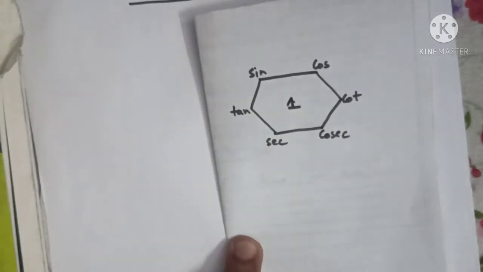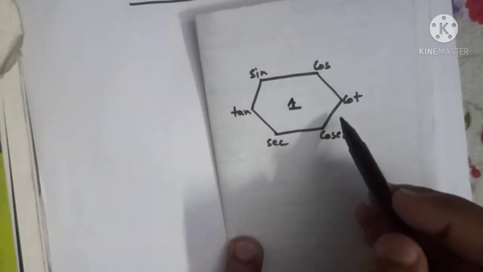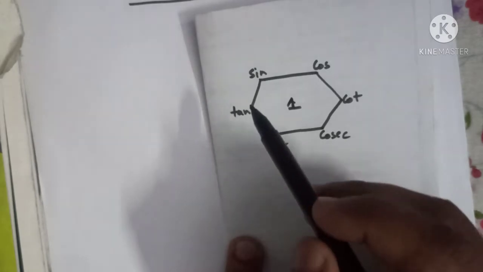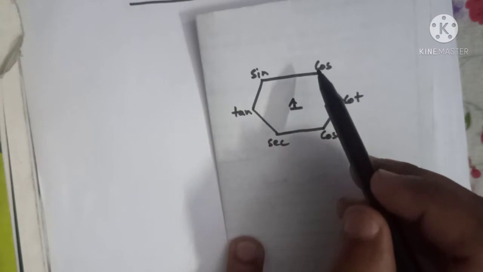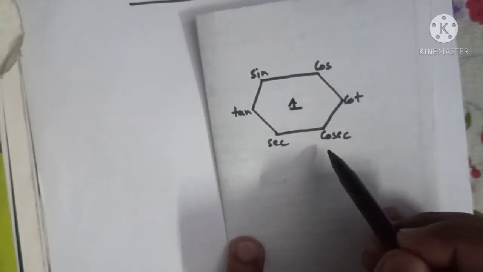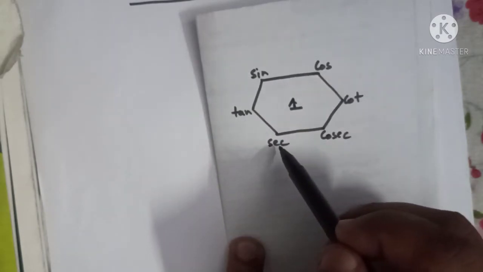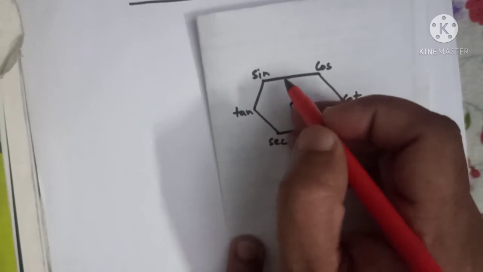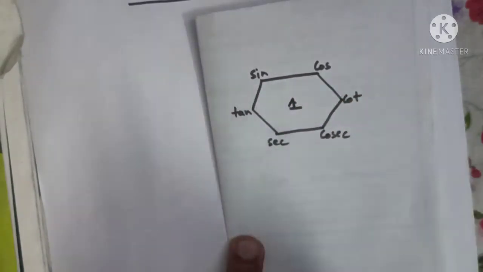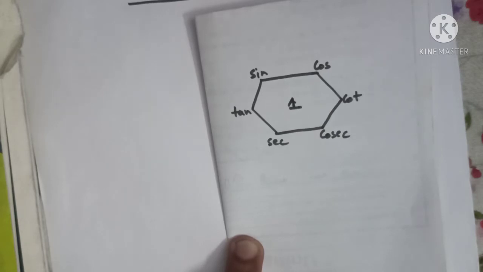Now let us look at the second set of formulas. With the help of the same hexagon, again starting from tan theta is equal to sin upon cos, then cos, cot and cosec on the same side, after that what is left is sec, and 1 is at the center. In the earlier case we were moving clockwise. Now what if we are moving anti-clockwise? Then this will also hold true.